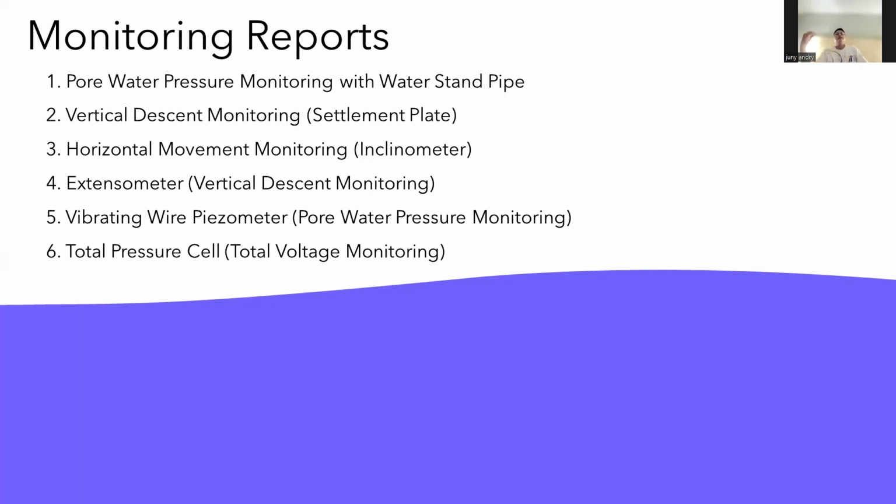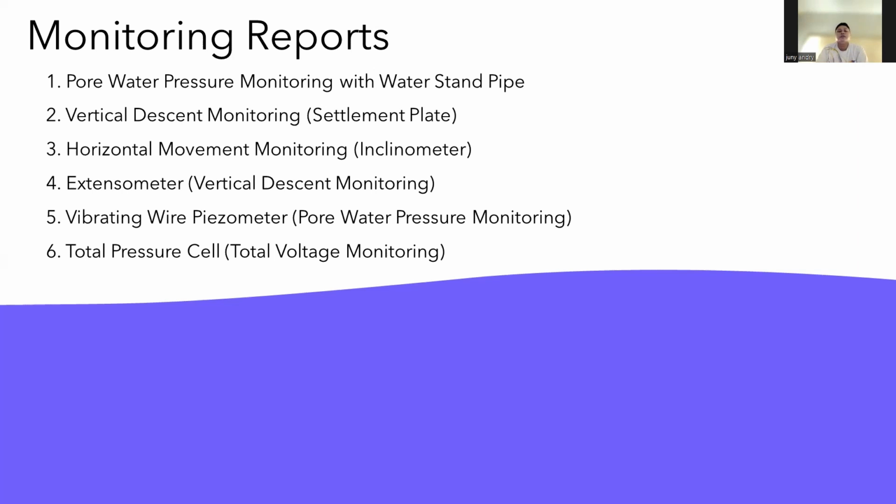The difference between the settlement plate and the extensometer: the settlement plate is placed on top of the embankment, on top of the geotextile, and at the bottom of the geotextile we use the extensometer, a sensor to find the vertical descent. And we have a vibrating wire piezometer for pore water pressure monitoring every day.